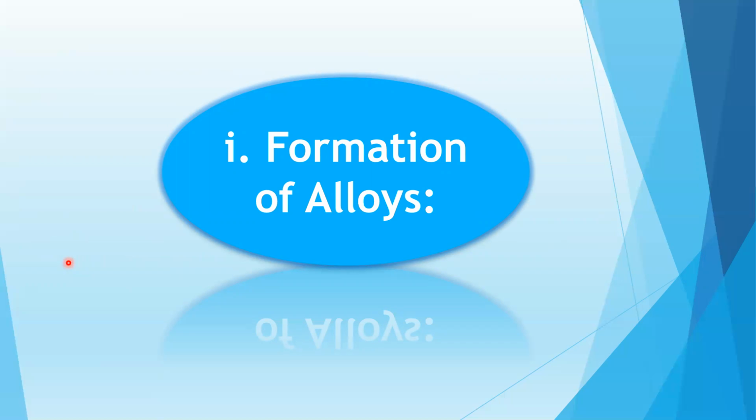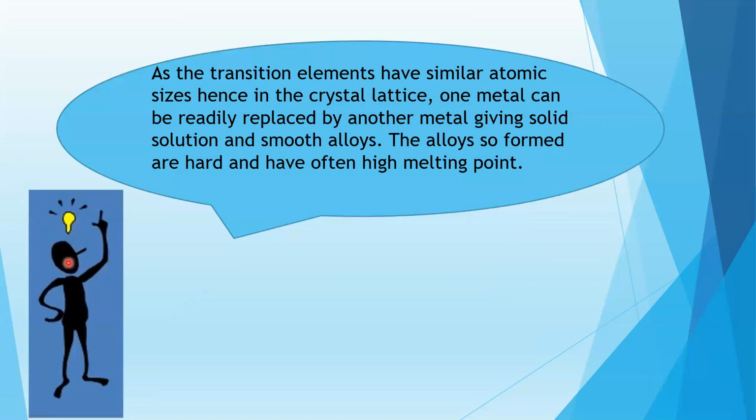Formation of alloys. D block elements are very good in forming alloys. Now, what are alloys? Alloys means a homogeneous mixture of a metal with a non-metal or another metal, to increase the physical properties of that particular metal.